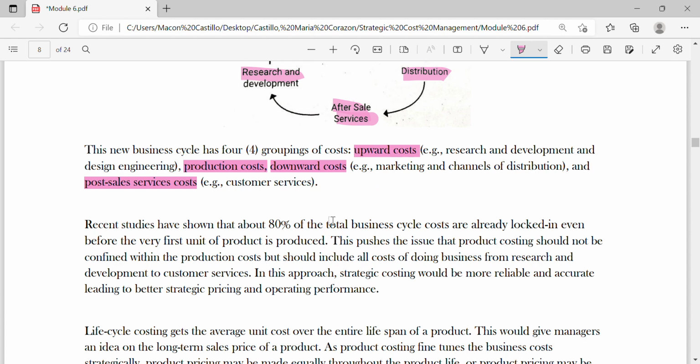As a matter of fact, during the upstream cost, that is a loss-making stage. During the research and development and design engineering, that's a loss-making stage.